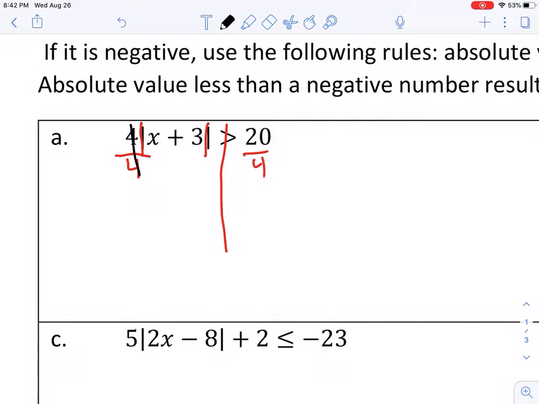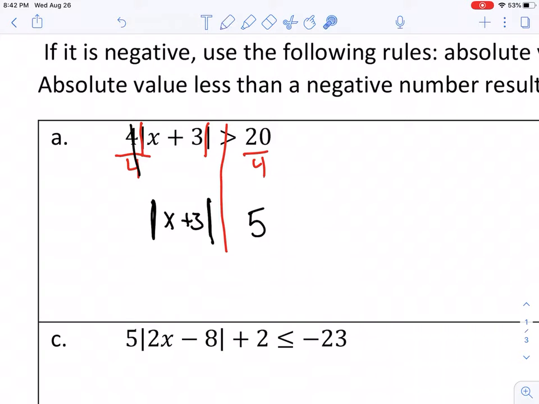That will make these 4's cancel out so that we are left with the absolute value of x plus 3. I like to make my absolute value bars large so that I can tell that they're bars and not like a 1. And then 20 divided by 4 is 5.